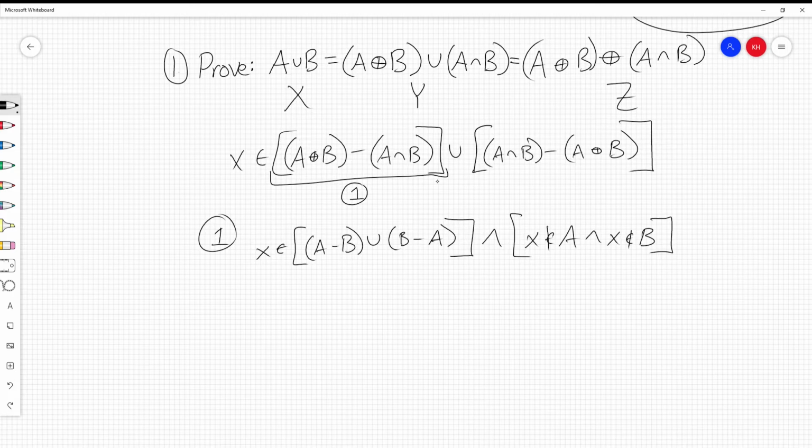That's just what the intersection here means, and that's just what the symmetric difference here means. And looking at this, if we go down one more level, x is an element of A and x is not an element of B, or x is not an element of A and x is an element of B.